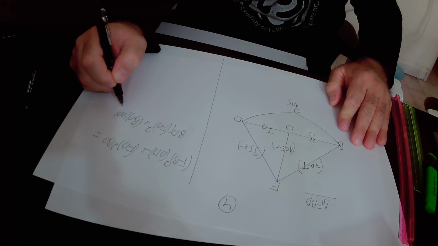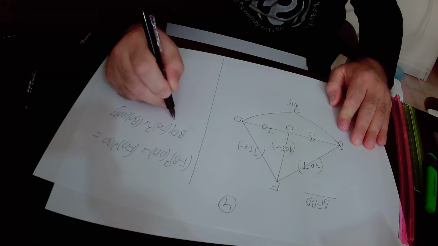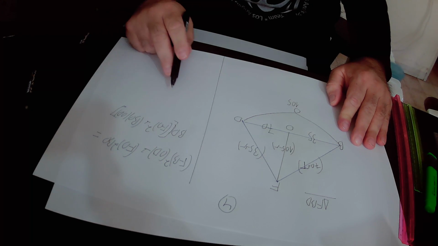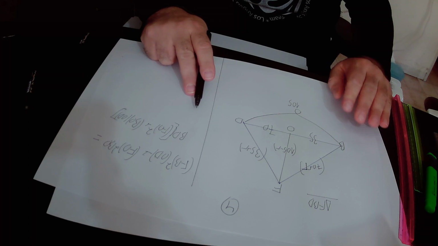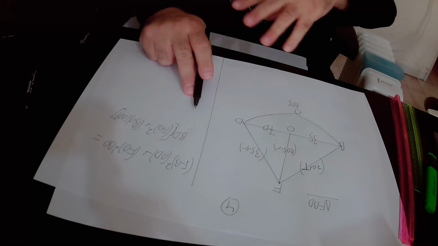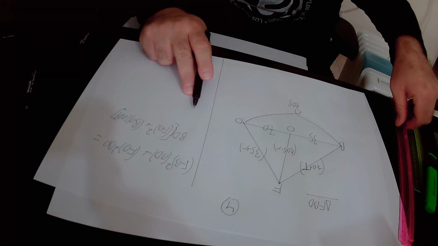So this equation is the implementation of Stewart's theorem in our triangle FBD.